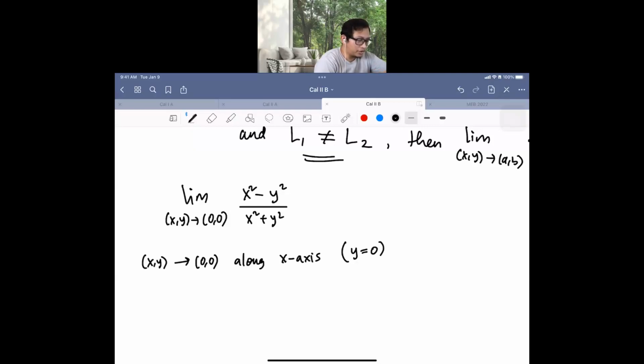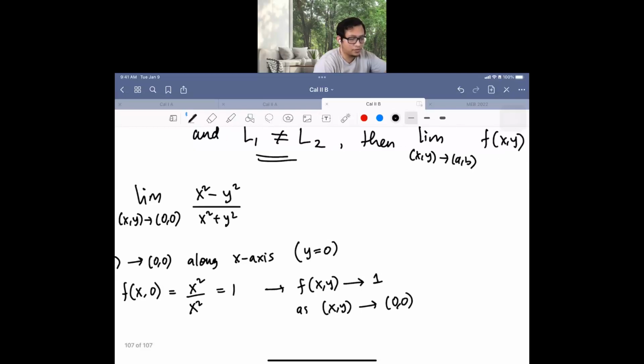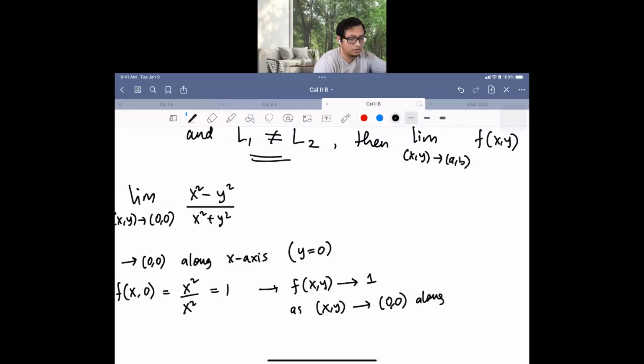So the function becomes f of x, 0, or we can write this as x squared over x squared, which equals 1. So f of xy is approaching 1 as xy approaches 0, 0 along the x-axis.